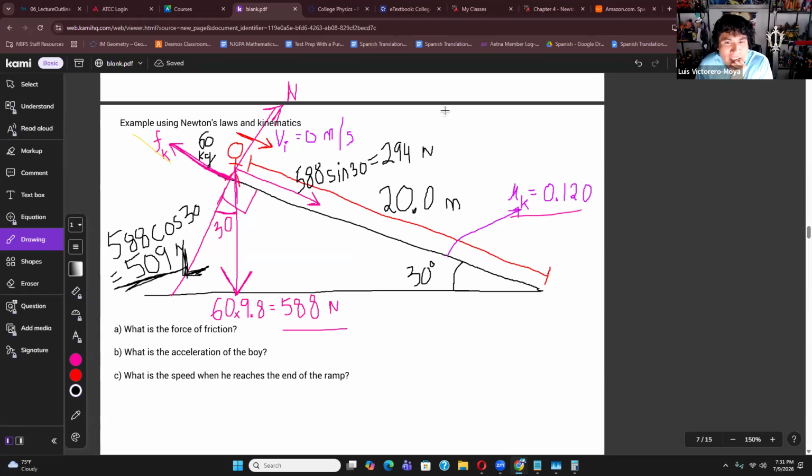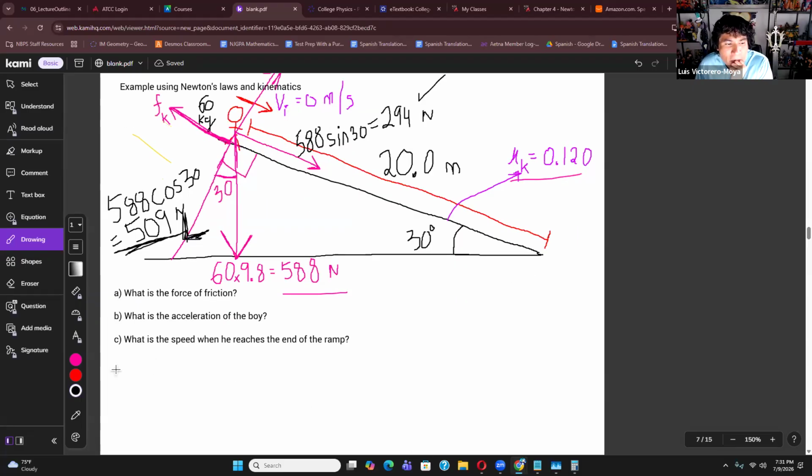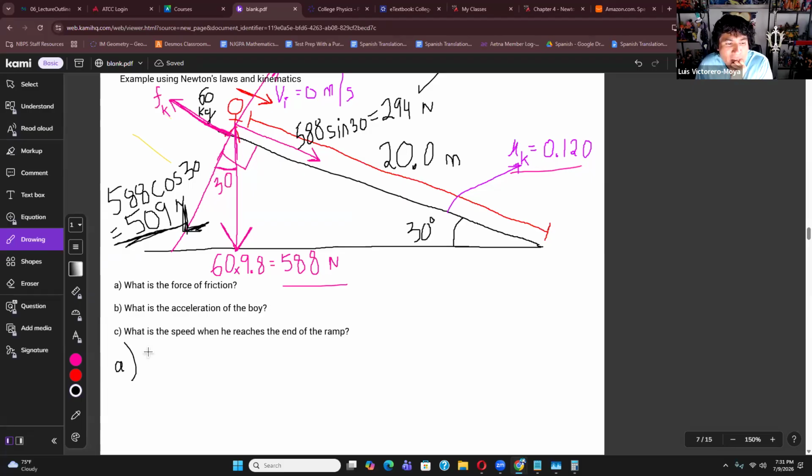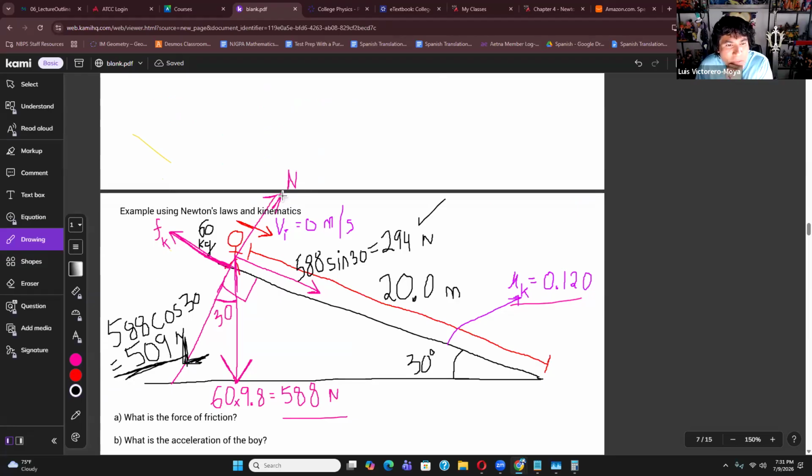This one, we're going to need because of the acceleration. It starts from right, by the way. For part A, we need to find the normal. What is the normal force equal to? N. What's N equal to? Look at the figure.